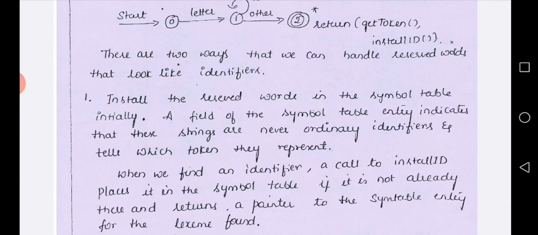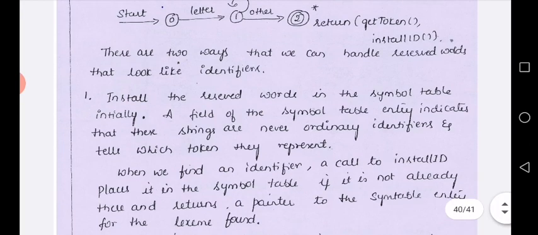Only keywords are present; we don't have any identifier. So if we get an identifier, we consult the symbol table whether such a pattern is available, but it is not, because only keyword patterns are available. Identifier patterns are not available at all.